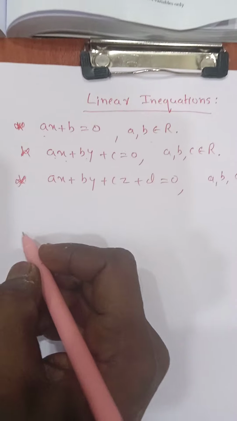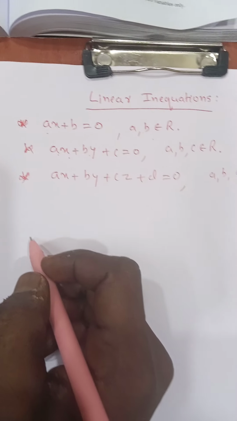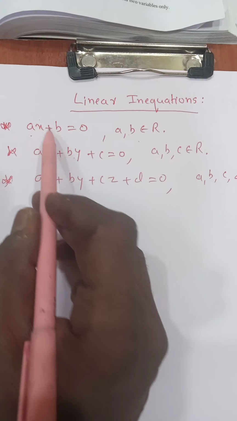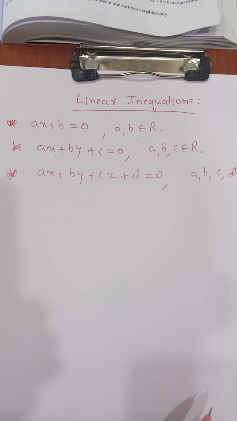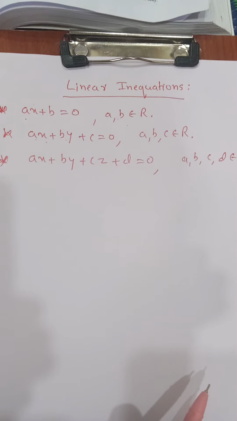Now, you know very well, if you draw the graph of all these linear equations in the analytical plane, they always represent a straight line in the plane. So I am writing that one.